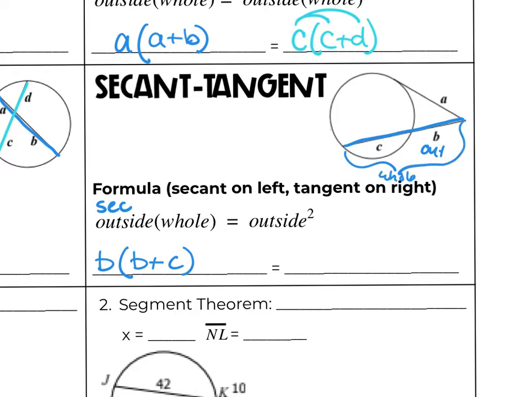Like I said, maybe in a minute, one is 6 and one is 2, so 6 times (6 plus 2), etc. Sorry, this side was the secant because it touches twice, and this segment is the tangent. You'll notice the tangent only has one part. It's not split up, so I just have to do a squared.